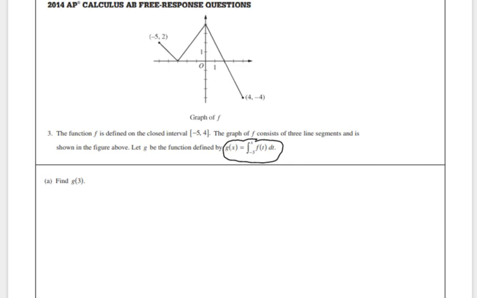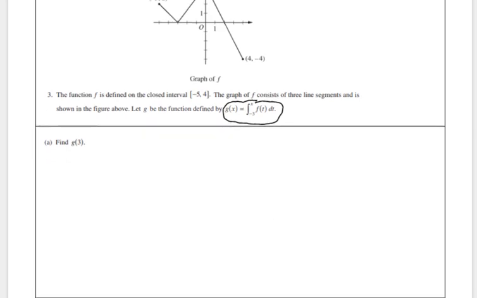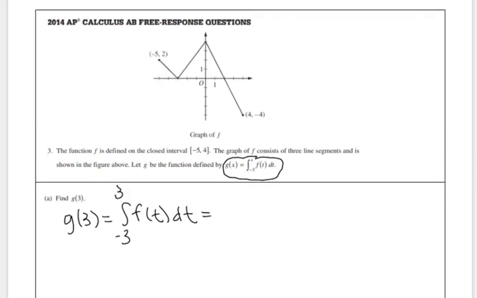Part A asks us to find g of 3. We're given an equation for g of x, so if I want to find g of 3, I'm just going to take out x and put in 3. So g of 3 is the integral from -3 to 3 of f of t dt. An integral just means find the area under the curve.